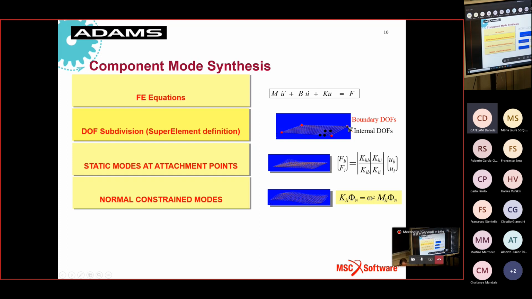The finite element code automatically performs two types of analysis. First of all, the finite element code automatically attaches the boundary nodes to the ground, releases one node and applies 6 unit forces to this node, getting 6 deformed situations of your flexible body. So we have 4 nodes, we have 24 different static, deformed configurations.